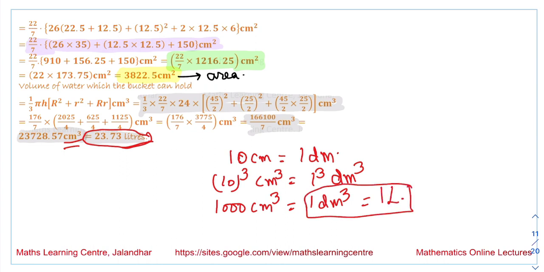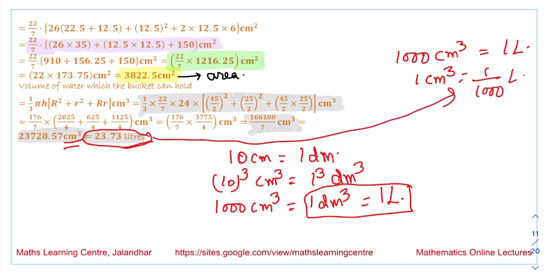So 1000 centimeter cube is equal to 1 liter, and 1 centimeter cube is equal to 1 by 1000 liter. Now multiplying this value, we get the answer as 23.73 liters.